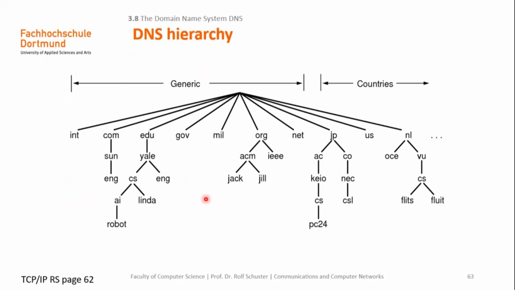This is a typical illustration of this name tree. Then the root level, the top level domains, and the subdomains, and subdomains of subdomains. Typically, different layers of organization.